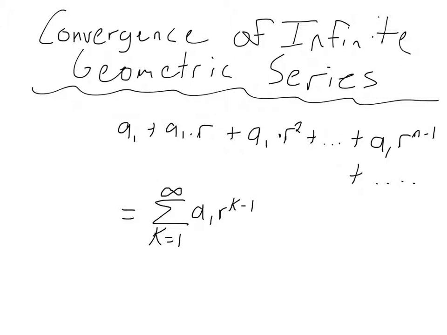Let's make sure this works for the first term: a sub 1 times r to the 1 minus 1, which is r to the 0, just gives us a sub 1. So that works for the first term, and it makes sense for the rest of the terms as well. This is the sigma notation version.